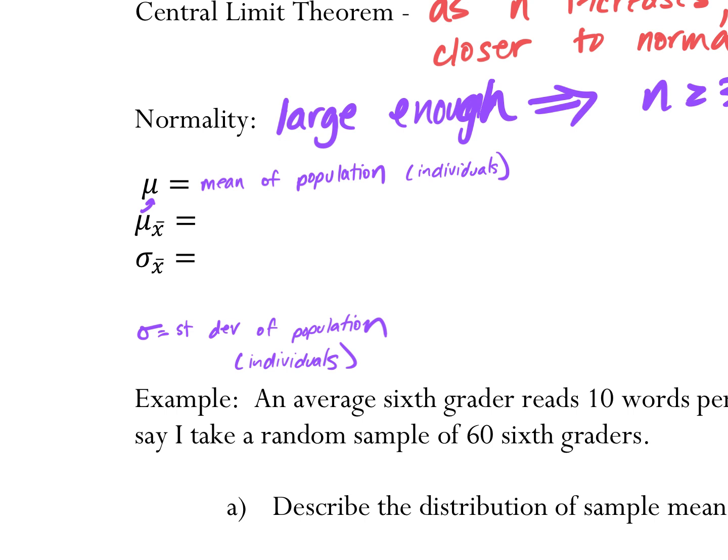Okay. We also have the mean of x bar. This is the mean of the sample means. And likewise, sigma of x bar is the standard deviation of sample means.